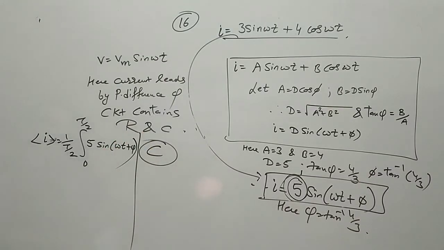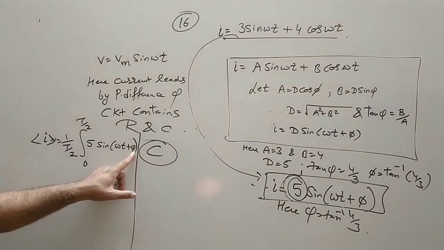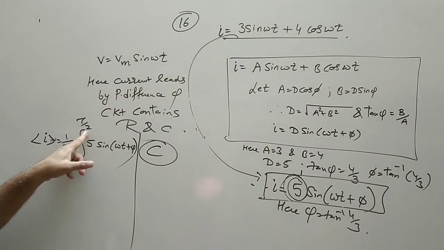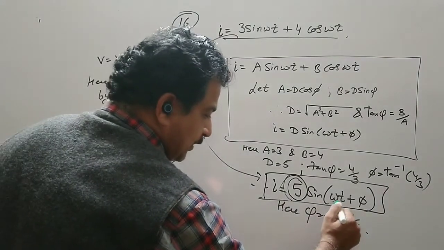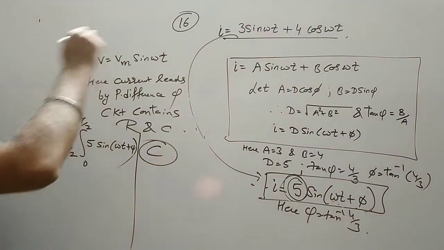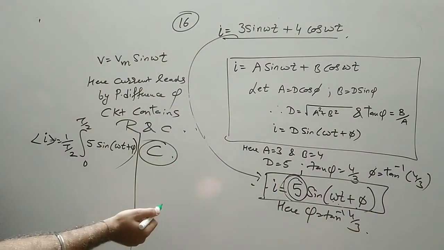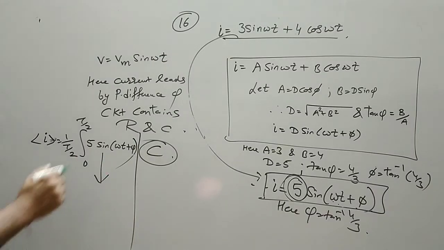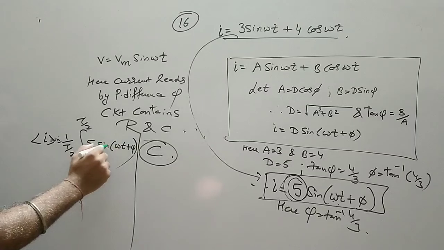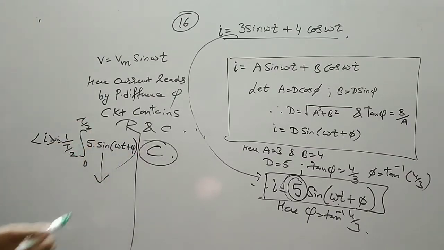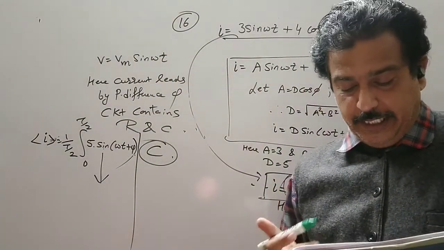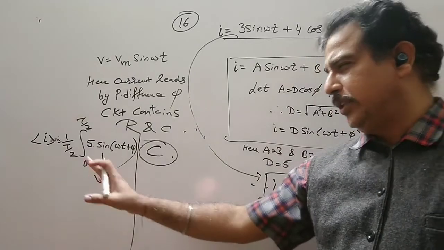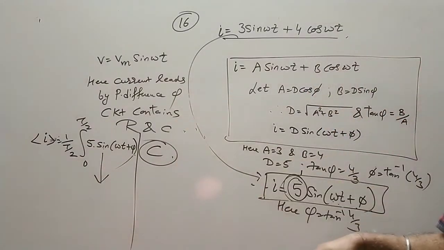You substitute the value of phi here and do the integration for half cycle. Phi is constant, you integrate sine omega t plus phi and put the limit T by 2. The option says it comes out to be 6 by pi, but it will not come out to be that, because we already got the correct option as C.